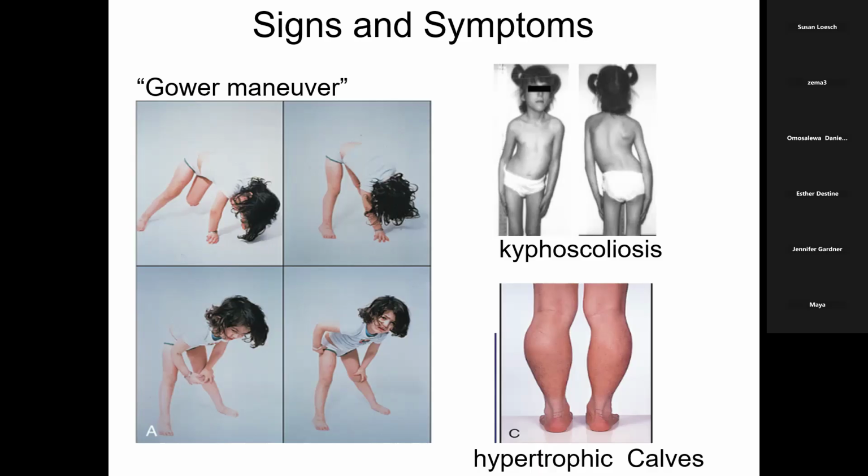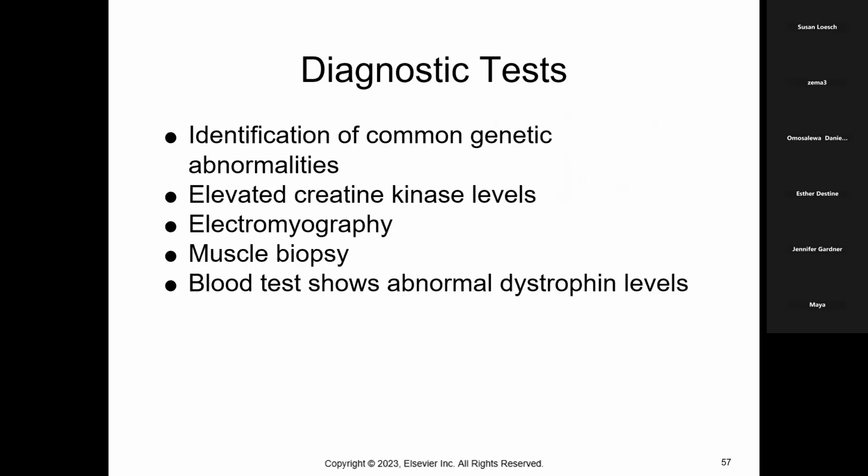Eventually, that weakness will spread to other muscles. They'll develop contractures, kyphoscoliosis, respiratory insufficiency and infections, cardiac abnormalities. So, it's not a great disease for them. Again, they look for genetic abnormalities.